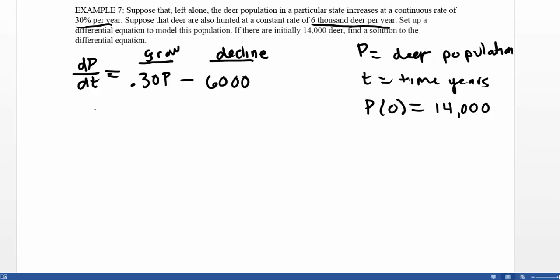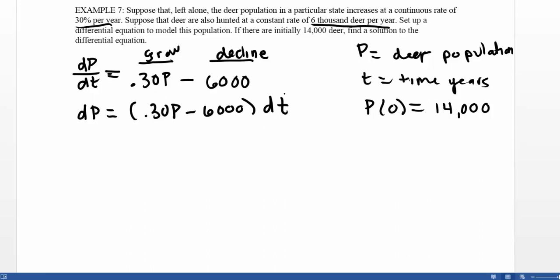So our strategy again is to first split up our operators. So dp equals 0.30p minus 6,000 dt. So we have a mismatch here because my p term is with the dt, and I need it to be with the dp. So I need to bring that term to the other side, but I need to be really careful.